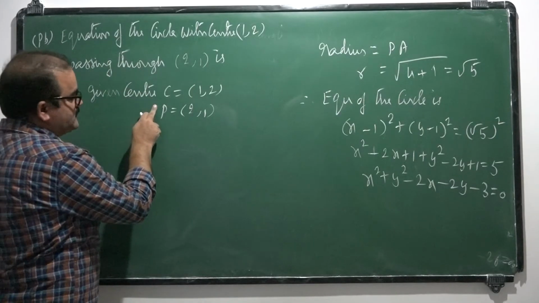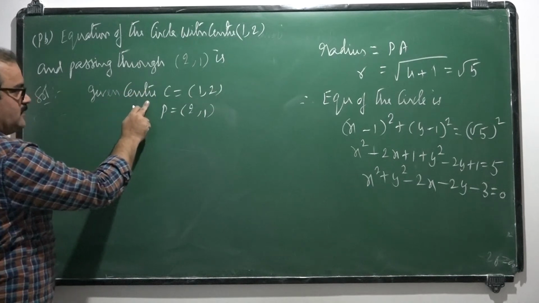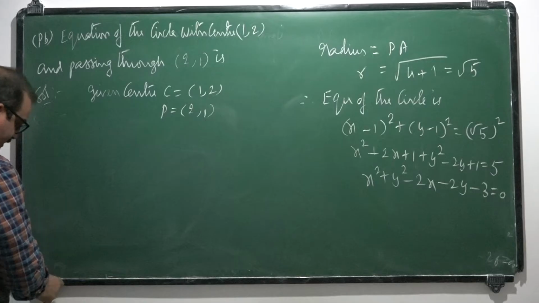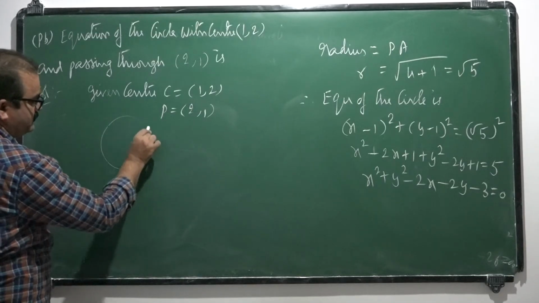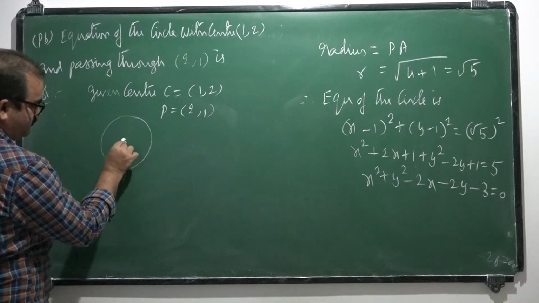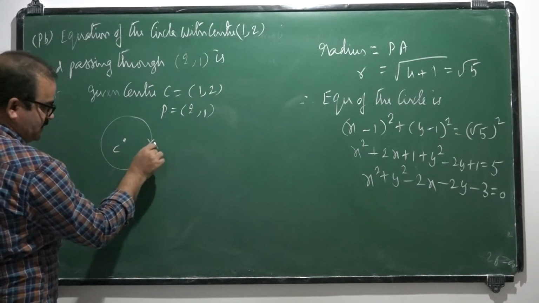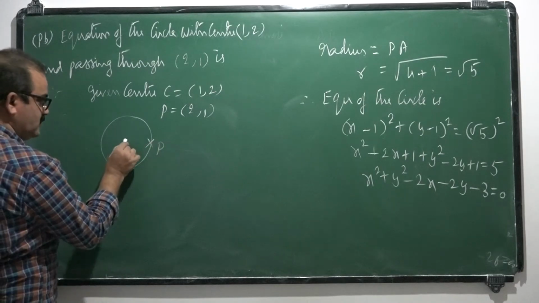To find the equation of the circle, we must know the center and radius. The center is already given. If we find the radius, then we get the circle. The circle passes through the point P, which is given.